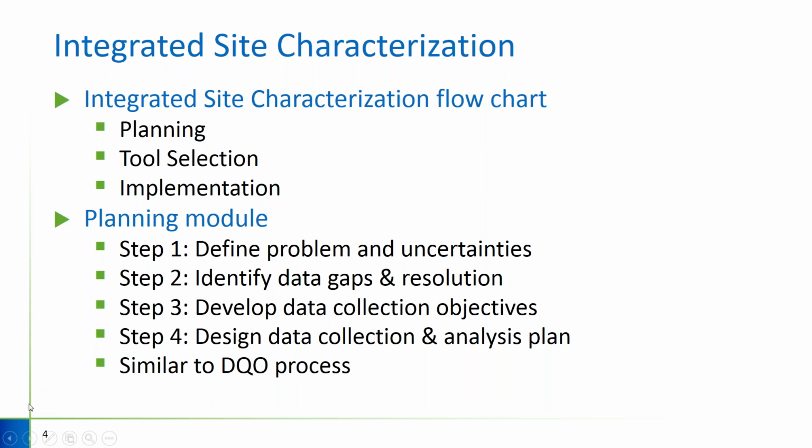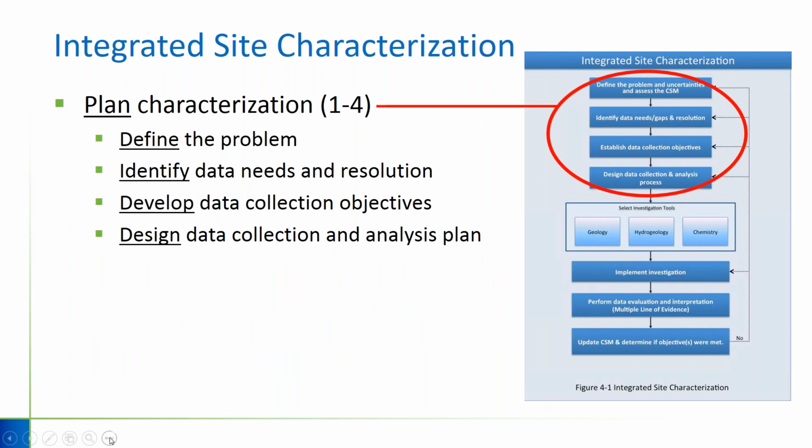We want to point out that this is similar to the EPA data quality objectives process. So here's the flow chart. Over here on the right, the planning module is shown. We'll go through these 4 steps. The tool selection is in the middle, and then the actual implementation of the investigation and collecting the data is down here at the bottom.